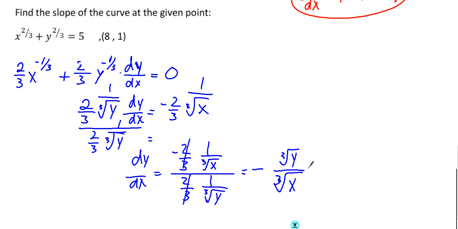That is your final derivative. Because taking 1 over the cube root of x and then you multiply it by the cube root of y over 1, that's what you get.